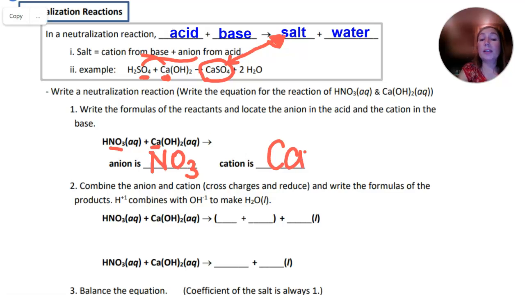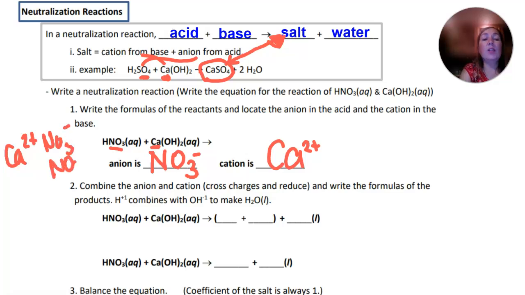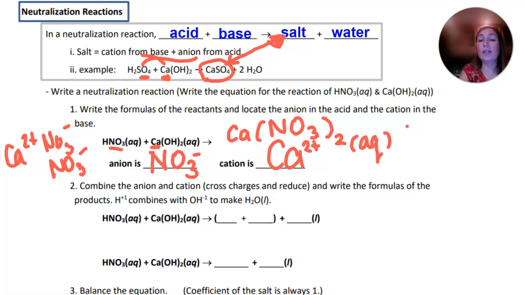So we're going to put them together. Ca is a 2+, and NO3 is a minus. So for every Ca2+, we're actually going to need 2 of the NO3 minuses. So we're going to have Ca and then NO3, and then 2 of those nitrates, which we know are always aqueous, plus we have H getting together with OH.